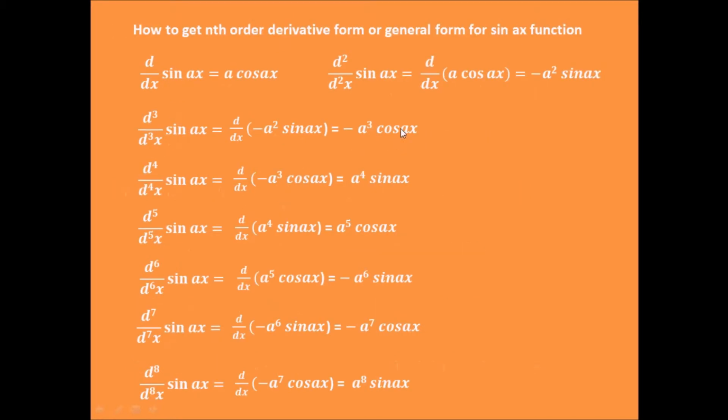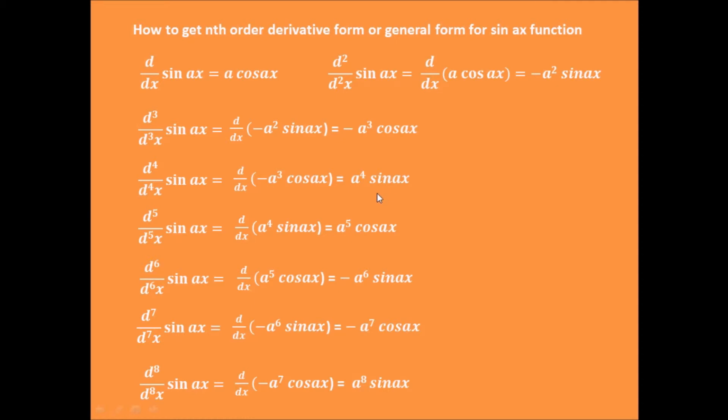As you can see, for the even numbers such as 2, 4, 6, and 8, all terms include sine ax, and the only difference is the minus and positive signs. In this case, we should realize that sine 3 pi divided by 2 equals minus 1, and sine pi divided by 2 equals 1.